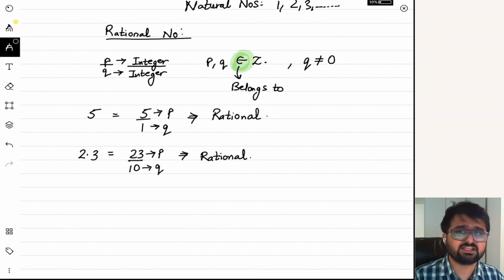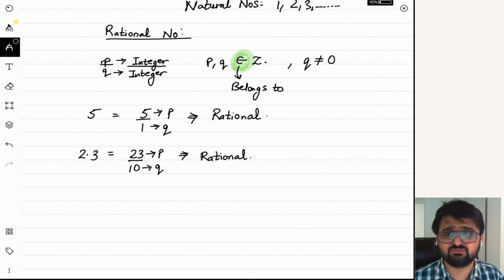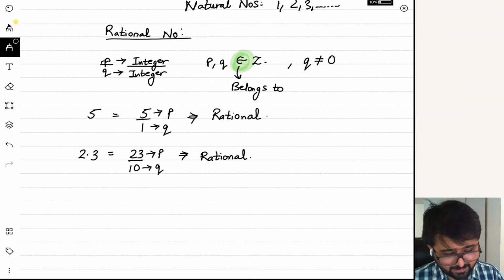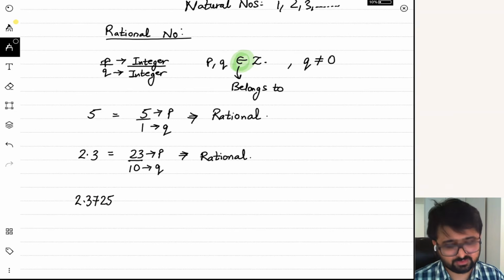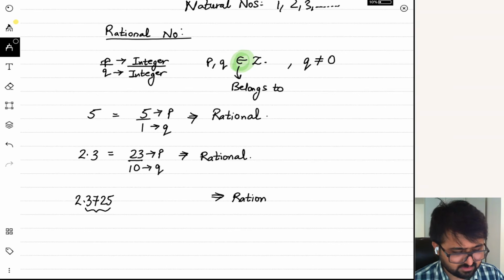And if it's a rational number, you can write it in the form of p over q. Let's look at another example: 2.3725. Is this an irrational number? Let's see. Is this non-terminating? No, it terminates. There is no dot dot dot in the end. So it is not an irrational number for sure. Just on that basis, we can call it rational.